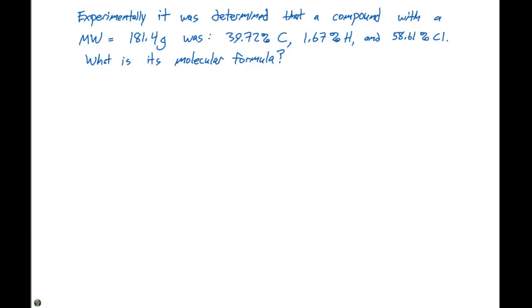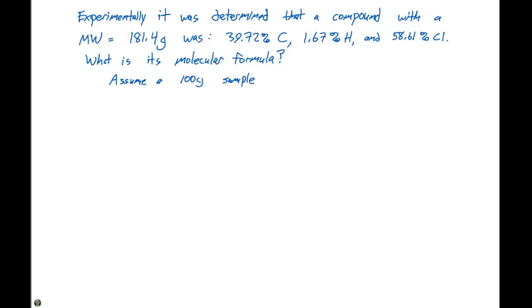In this problem, experimentally, it was determined that a compound with a molecular weight equal to 181.4 grams was 39.72% carbon, 1.67% hydrogen, and 58.61% chlorine. What is its molecular formula? So we're going to use the same rules and determine an empirical formula, and we're going to assume a 100-gram sample.